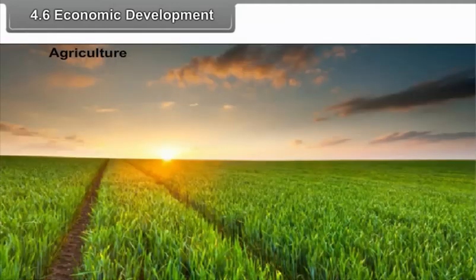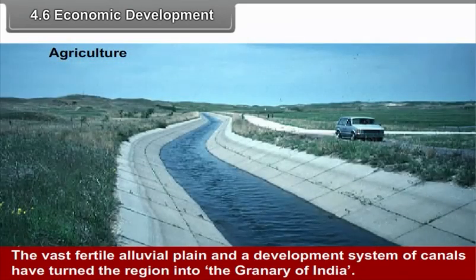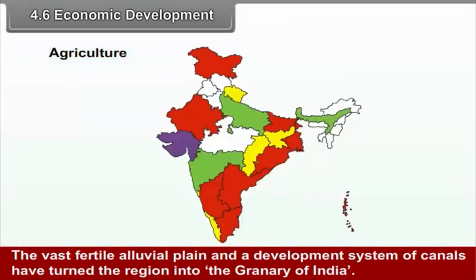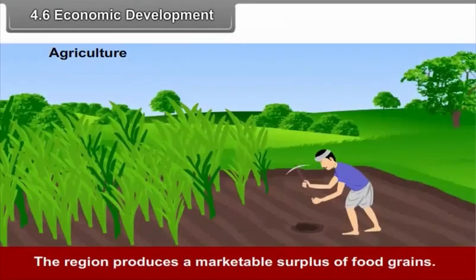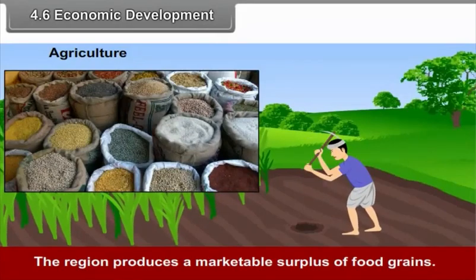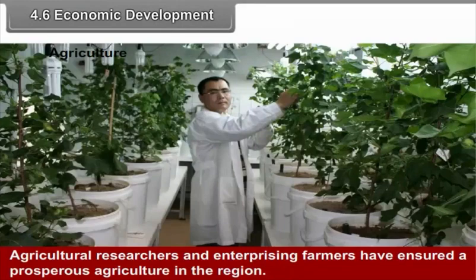4.6 Economic Development. Agriculture. The vast fertile alluvial plain and a developed system of canals have turned the region into the granary of India. The region produces a marketable surplus of food grains. Agricultural researchers and enterprising farmers have ensured a prosperous agriculture in the region.